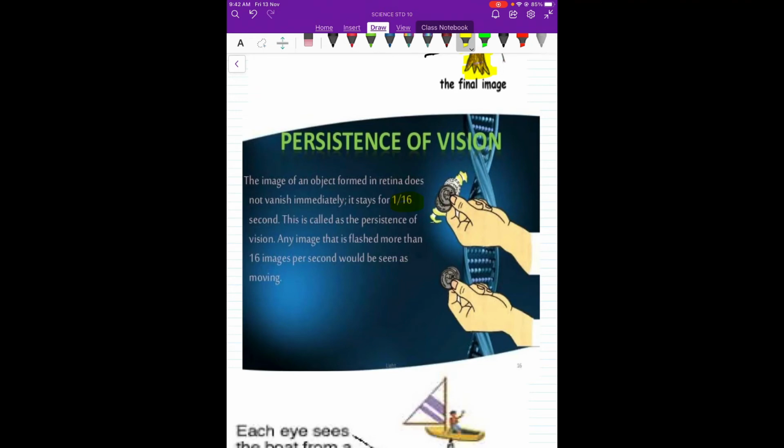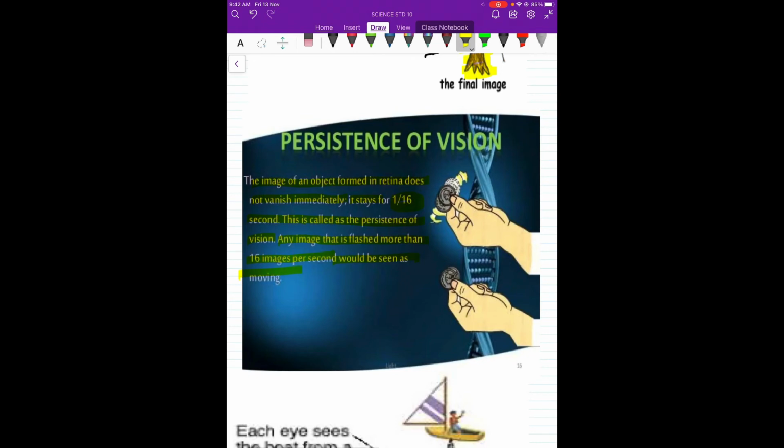This is exactly what is done in film making and cinematography. So the image of an object formed in the retina does not vanish immediately. It stays for 1/16th of a second. This phenomenon is called persistence of vision. So any image that is flashed at more than 16 images per second, so it is 16 frames per second, will be seen as a moving image.